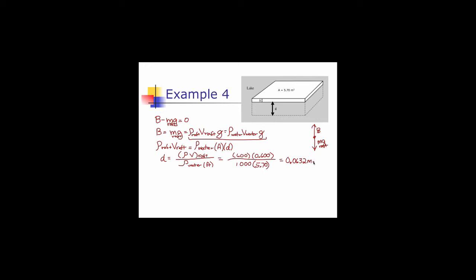To find out how much more weight could be added, we need to determine the weight of water displaced by the total volume of the raft. So if the total volume of the raft were displaced, that would be the new buoyant force.